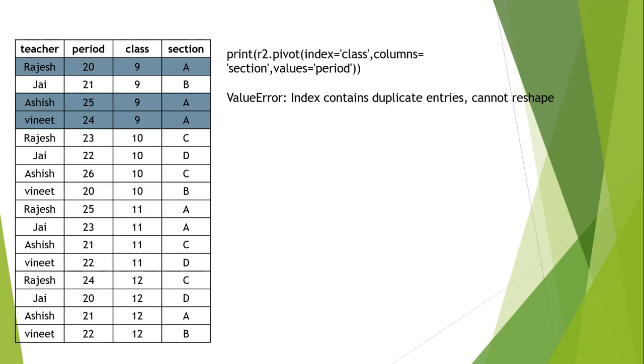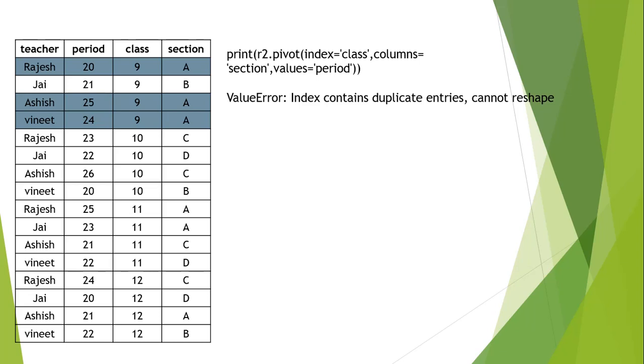Why is it showing so? Because for Rajesh, Ashish and Vineet we have the periods associated, but for class 9th A we have 20 periods, for class 9th A we have 25 periods, and for class 9th A we again have 24 periods. So for class 9th A we have three entries, and these three entries are duplicate entries.